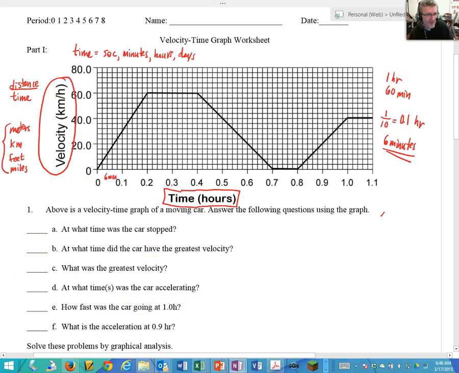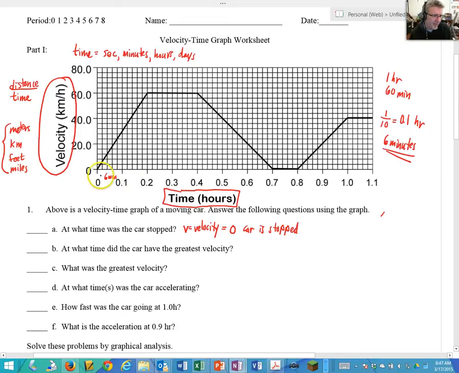Let's start with the first question, question number 1. What is the time when the car is stopped? So, if I say that v stands for velocity, I hope that doesn't confuse you too much. When velocity equals 0, that's when a car is stopped. That means it's making no distance per unit time.